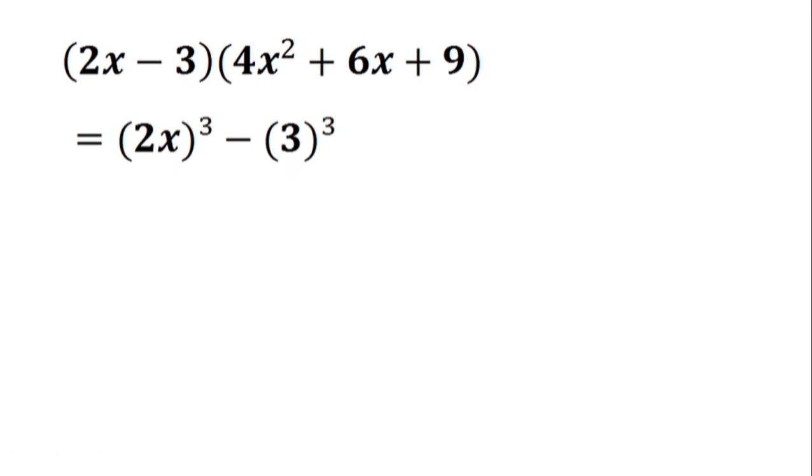So the final answer is 8x cubed minus 27 because 2x cubed is 8x cubed, and 3 cubed is 27.